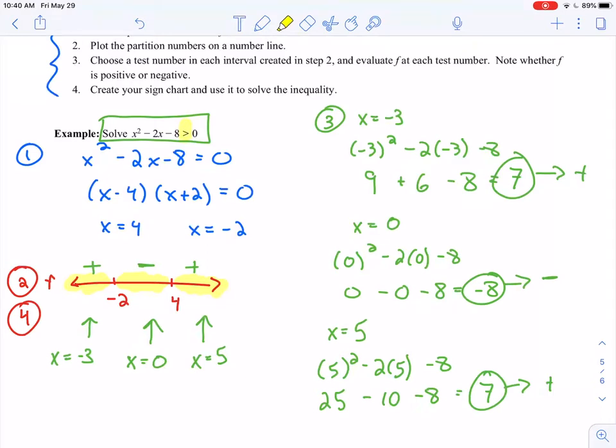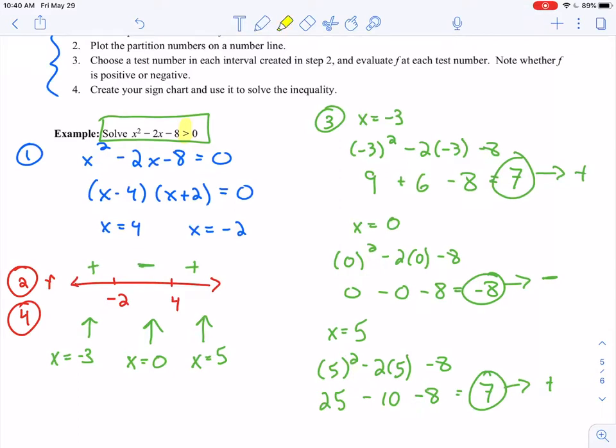Our inequality is saying f of x is greater than 0. Well, what kinds of numbers are greater than 0? Are those positive numbers or negative numbers? Well, those are positive numbers. We're talking about negative numbers here, positive numbers here.